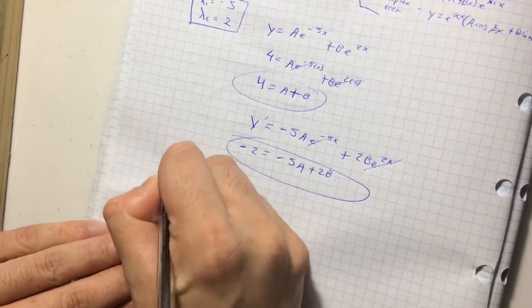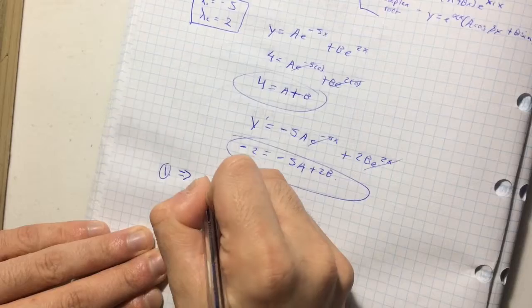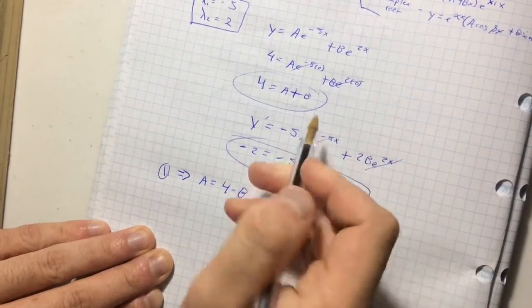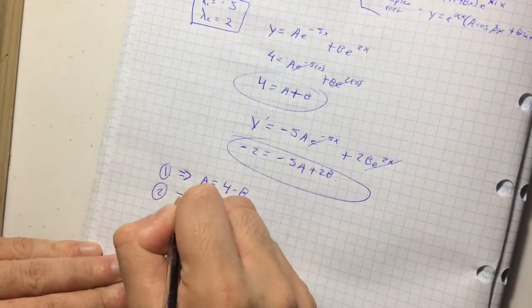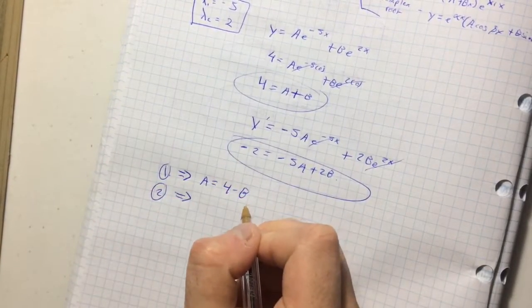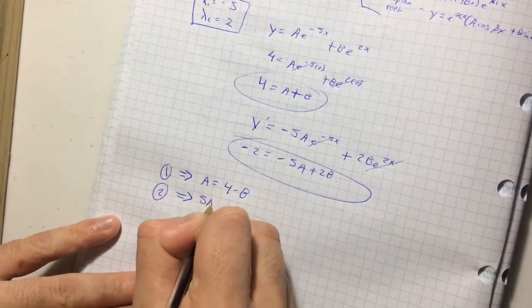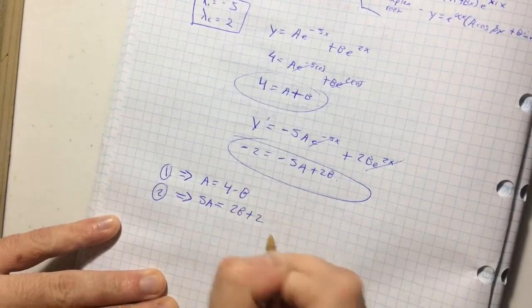So equation 1, a is equal to 4 minus b. What I've done here is I've just rearranged this equation. And equation 2, 5a is equal to 2b plus 2.